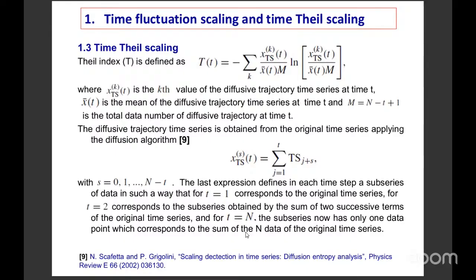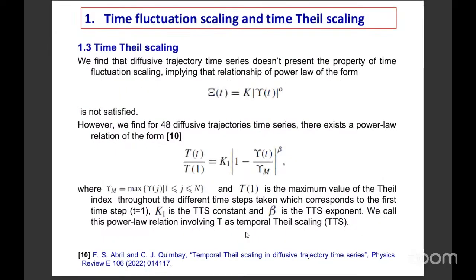The idea is that using this form, defined in this figure, it's possible to obtain the diffusive trajectory time series for different time series. And we obtained that the diffusive trajectory time series doesn't present the property of time fluctuation scaling.